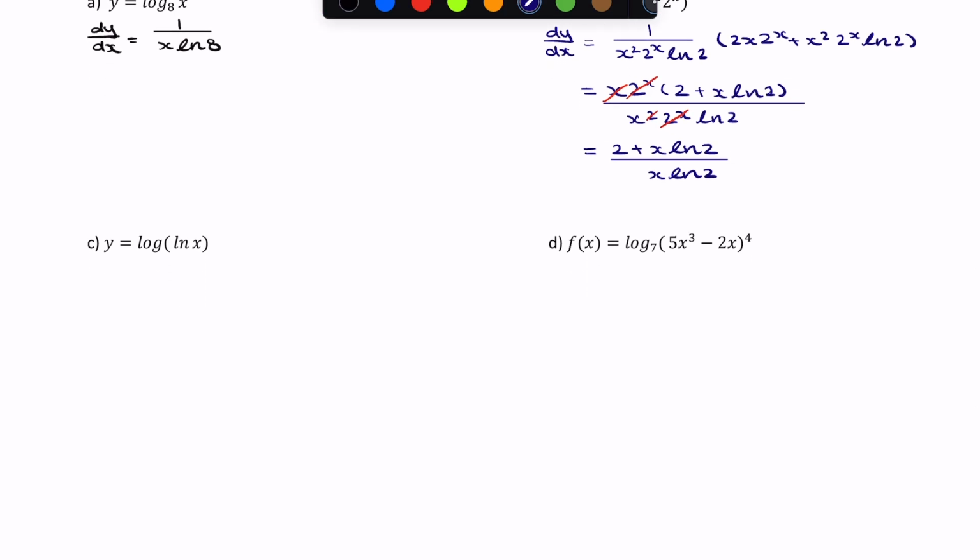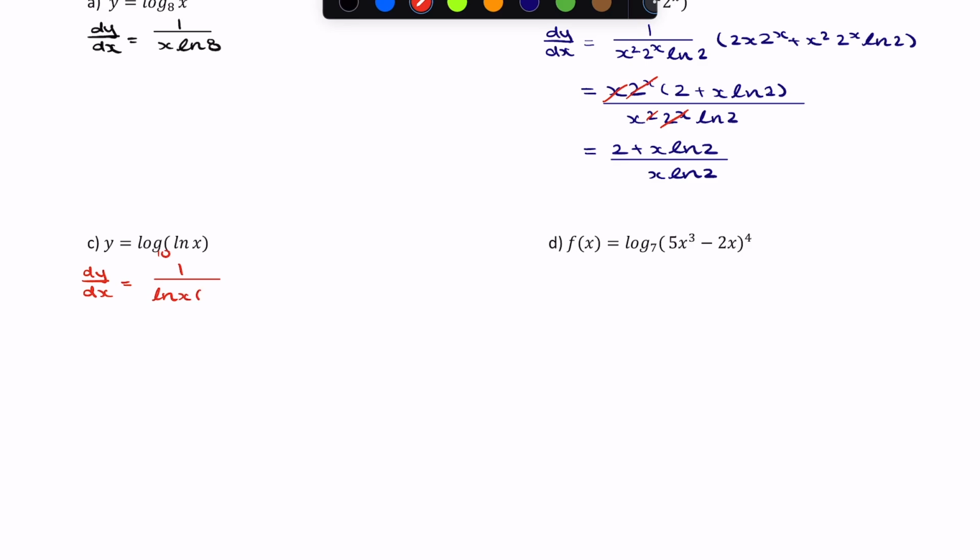Okay, let's look at C. So here we have y is equal to log of ln x. So here we have dy over dx is equal to 1 over ln x. And remember, when we don't have anything written, that's going to be log base 10.